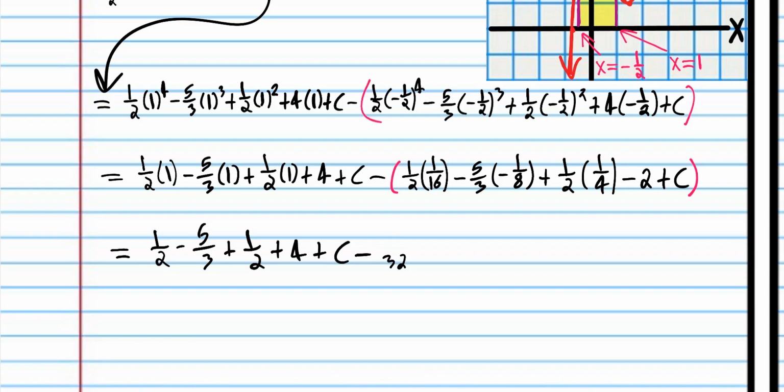Actually, before we distribute, I'm going to go ahead and simplify a little more. And positive 5/24. And so on and so forth.